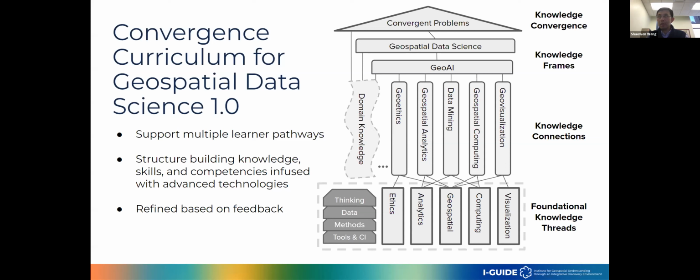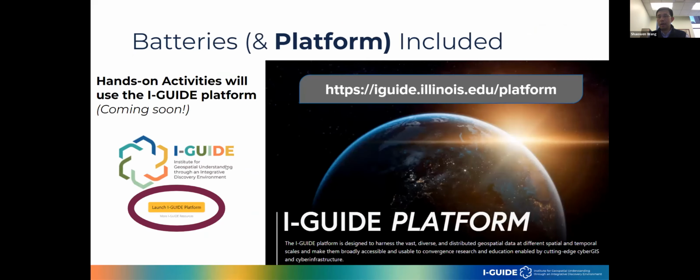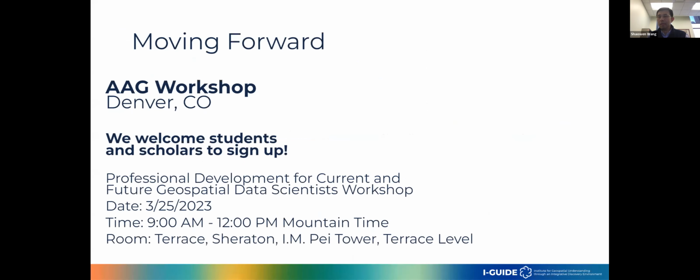We consider Geo AI to be intersecting but not overlapping with geospatial data science. So geospatial data science has an inclusive angle of Geo AI, but also includes other elements that are non-Geo AI.